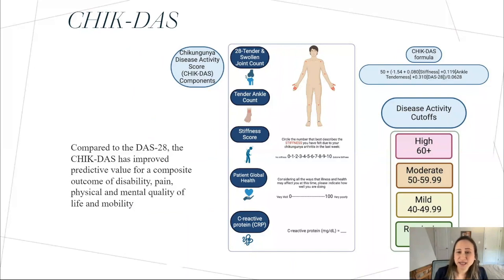And here you can see the resulting disease activity score that appears very similar to the disease activity score that is used in rheumatoid arthritis, with the addition of the tender ankle that is not measured in rheumatoid arthritis but becomes important in chikungunya arthritis.